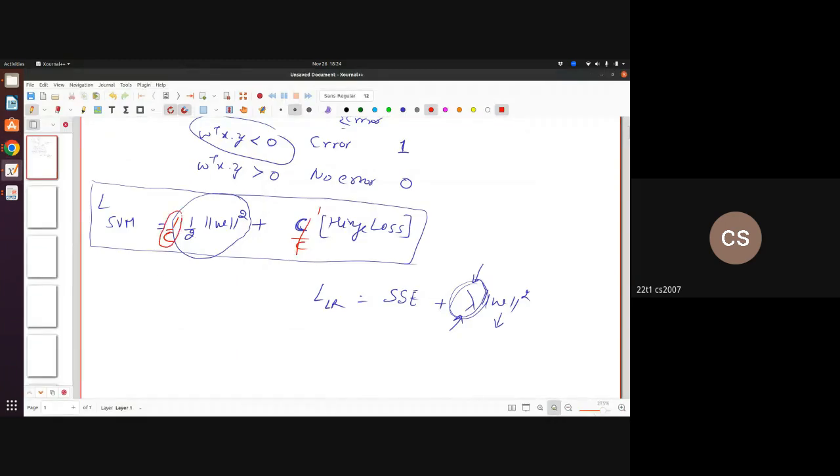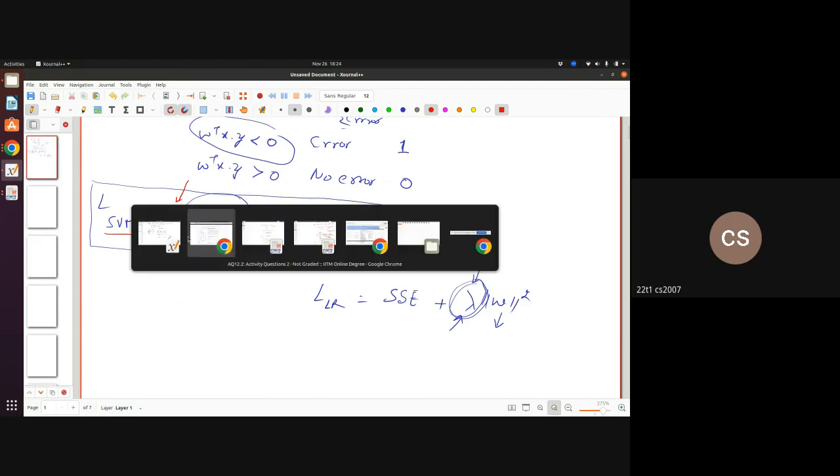This 1 by C reduces, which means the regularization strength reduces, right? So in case of SVM, the regularization strength is inversely proportional to the value of C.